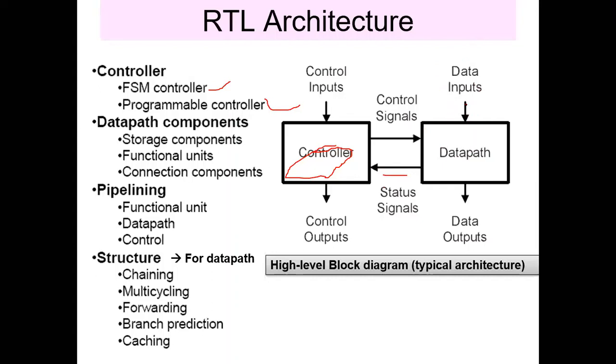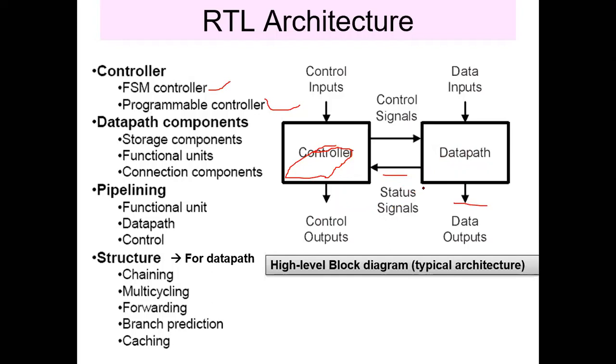Depending upon the input and the control signals, which determine the operations to be executed by the data path, the functional units will perform the corresponding operation, and the outputs will be generated and given as the data output of the data path. In some cases, there will also be a status signal generated by the data path that needs to be given back to the controller.